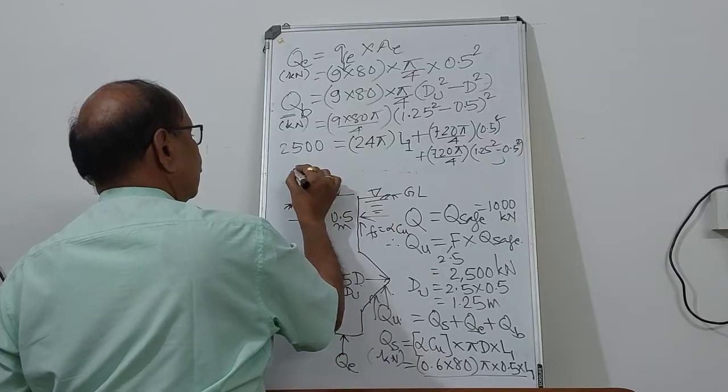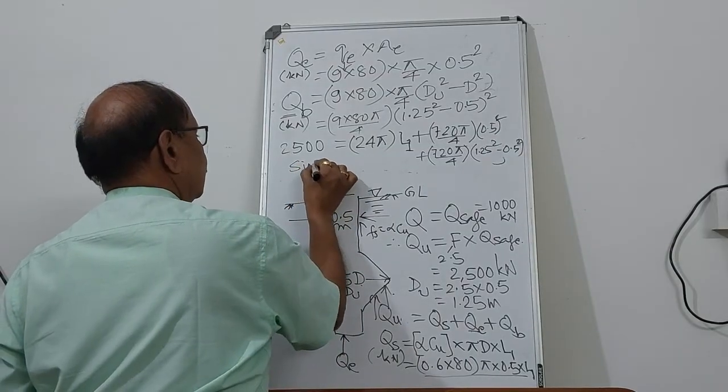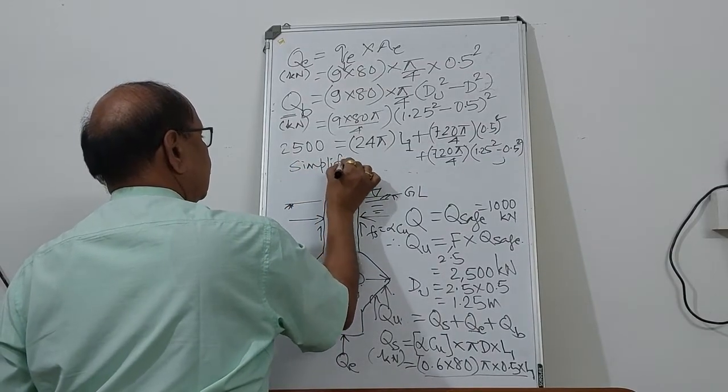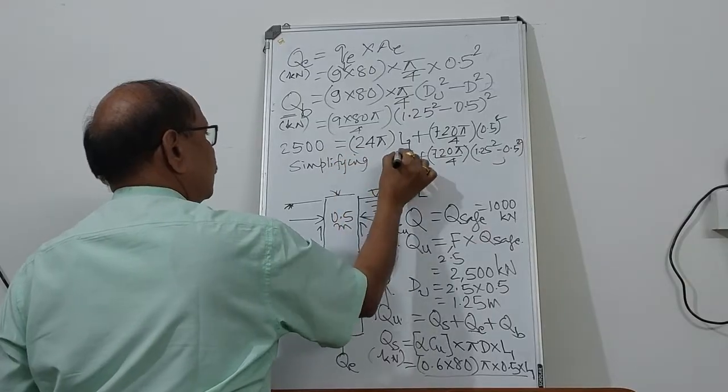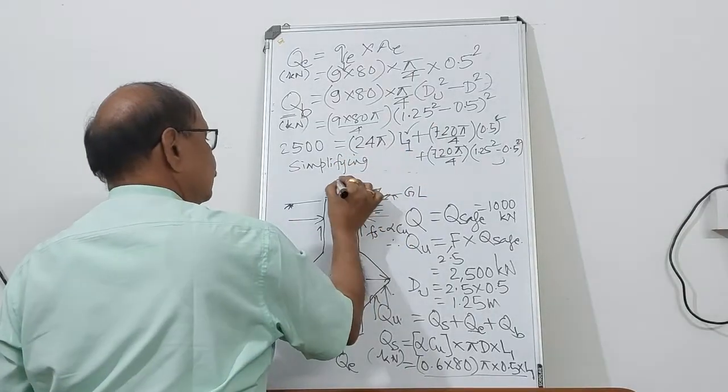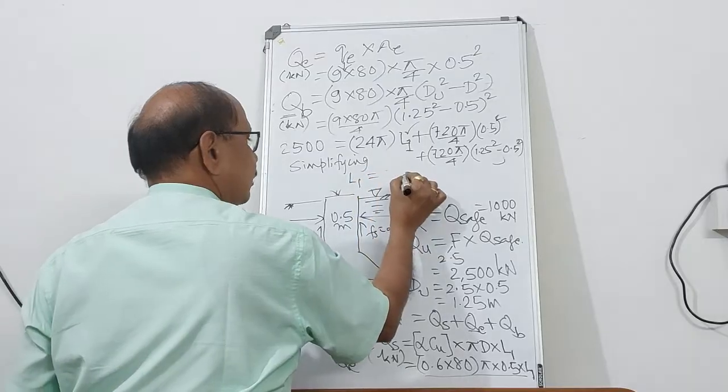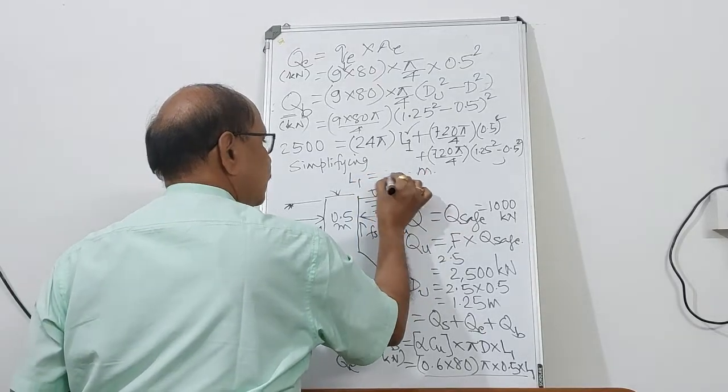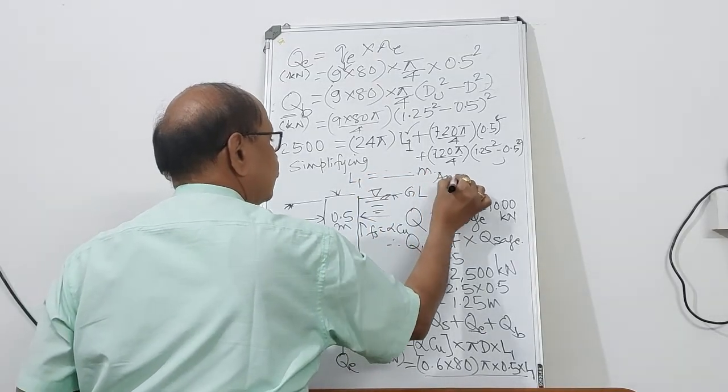If you simplify, the unknown L1 is calculated in meter. So that's the answer.